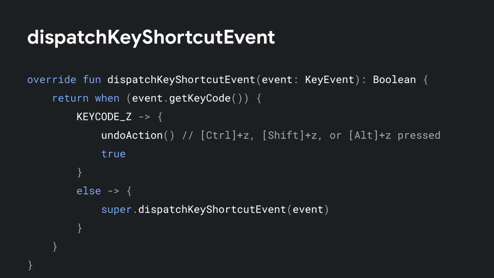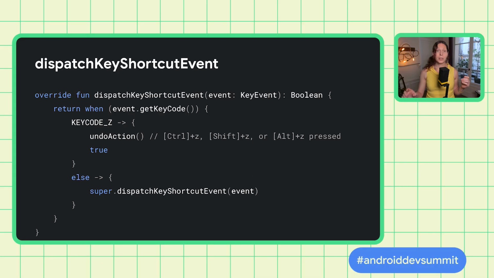Here's some code showing Ctrl-Z for undo. It is similar to the onKeyUp and onKeyDown code from before, but dispatchKeyShortcutEvent is used to indicate a meta key combination. Note, this will be triggered if Alt, Control, or Shift is pressed.